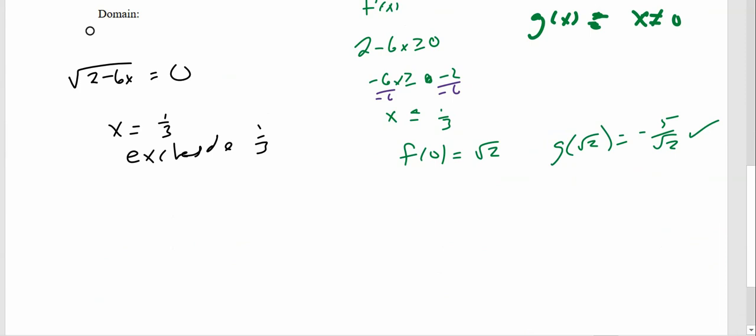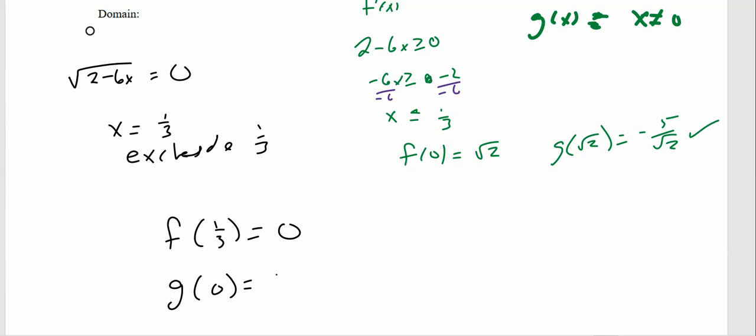If we evaluate our function f at 1/3, the output is 0. Then if we try to put 0 in for x in g, we would wind up with 5 over 0, which is undefined. So the problem is anywhere x is greater than or equal to 1/3, but we also have to throw out the 1/3.